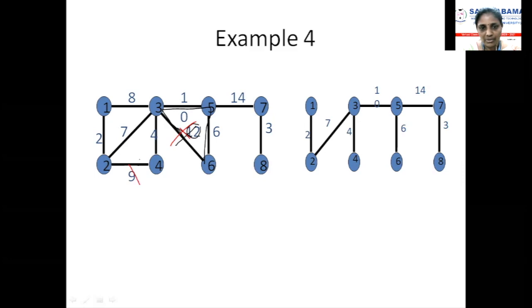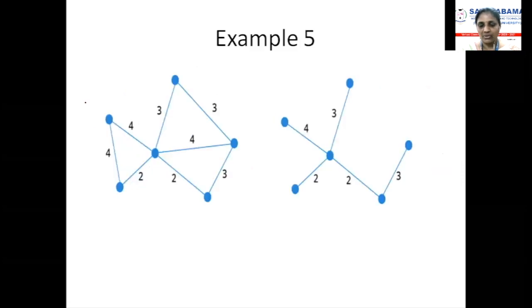Similarly I'm removing this one also. Whichever is leading me to form a closed loop cycle, I'll have to discard those edges. And this is my last example. See, this is forming a closed loop, so I am removing. This is causing a closed loop, so I am removing. This is also causing a closed loop, so I am removing. The remaining edges become a part of the minimum spanning tree.